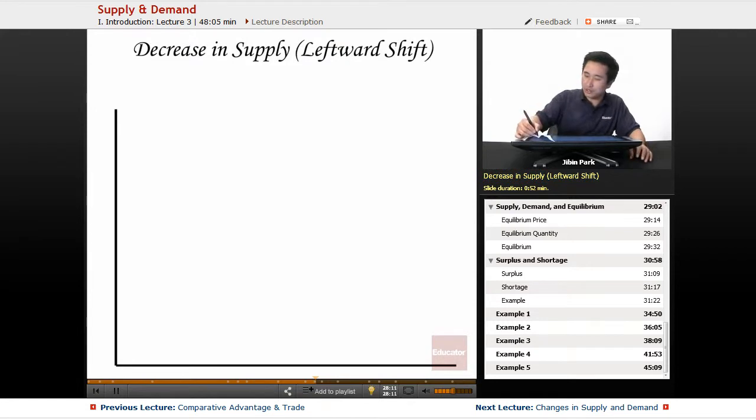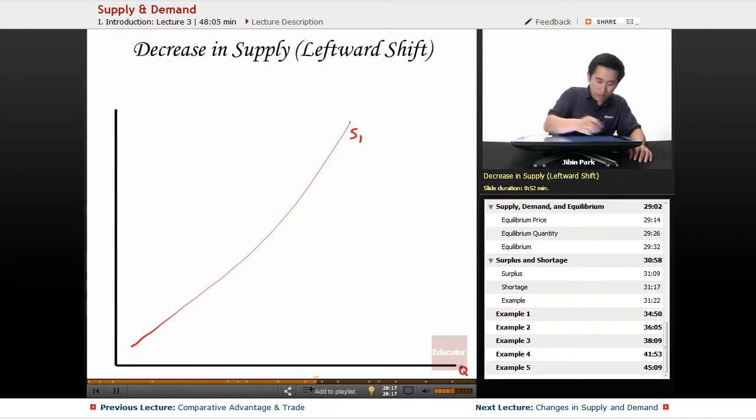Now, if there's a decrease in supply, then you have the opposite function here. So you have quantity here and price, and then you have the demand. So you have D1, and let's call this E1 here, which is basically Q1, and P1 here.